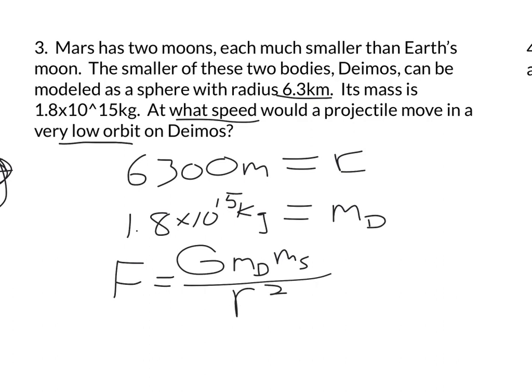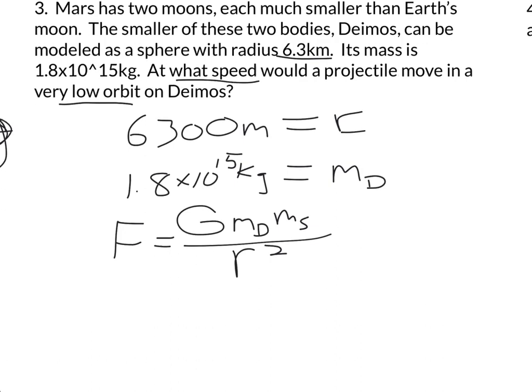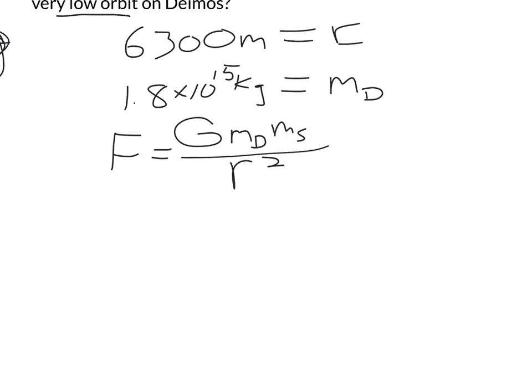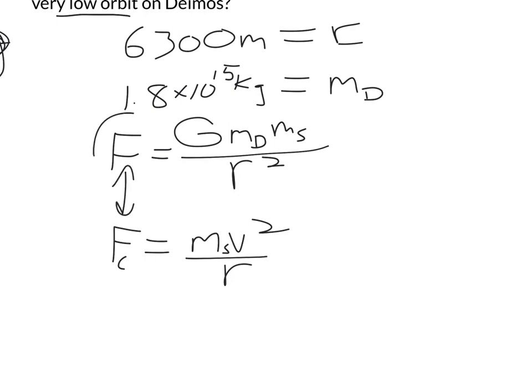But we also know that for uniform circular motion, the centripetal force, that's what causes uniform circular motion, is equal to mv squared over r. In this case the gravitational force causes the centripetal force, and that m is the satellite. So these two are the same thing. This gravitational force causes this centripetal motion. So let's set them equal to each other.